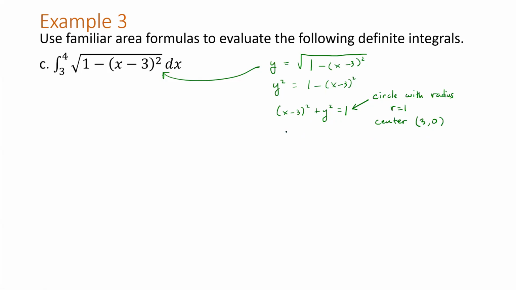Just to remind you guys where I'm getting these values from, it's in the form (x minus h) squared plus (y minus k) squared equals r squared, right? So this is just the general formula for a circle centered at (h, k) with radius r.